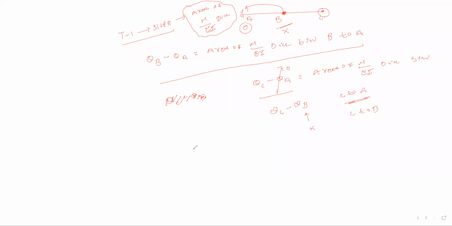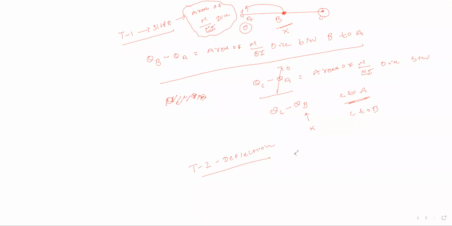Similarly, if I am interested to calculate deflection, we will use theorem number 2, that is for deflection. Same process. Suppose I am interested to calculate deflection at point B. I will start from point B and take a difference of the deflection between two points. The first point is the point where deflection is to be considered, and the second point is your boundary condition point.